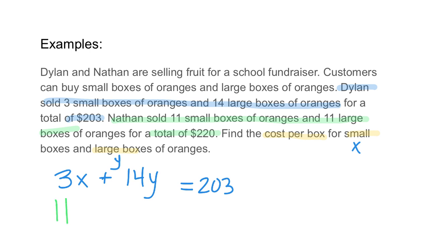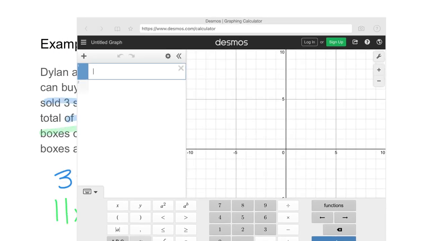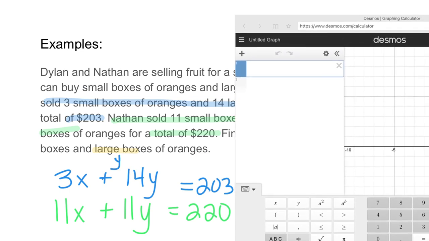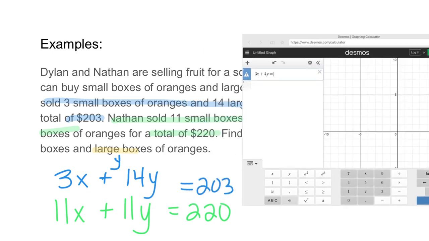He sold 11 small boxes and 11 large boxes to make his total of 220. I can get an answer just by graphing that in Desmos and finding our point of intersection, which I, again, don't remember. I think it's something like 7 and 14 or something. Anyway, 3x plus 14y equals 203.